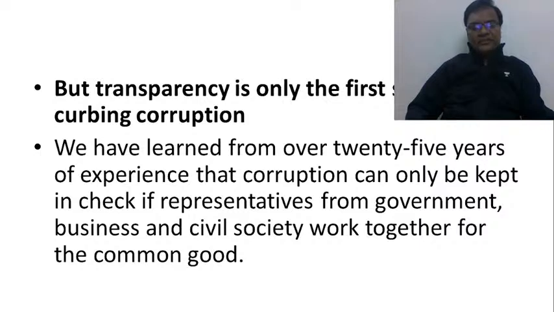All these reforms should be implemented simultaneously. Why? Because this is where we started. We said that corruption is systemic and systematic in nature. So we have to fight this systemic and systematic corruption with multidimensional reforms implemented simultaneously.